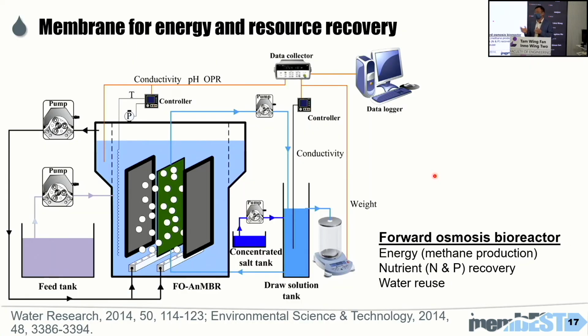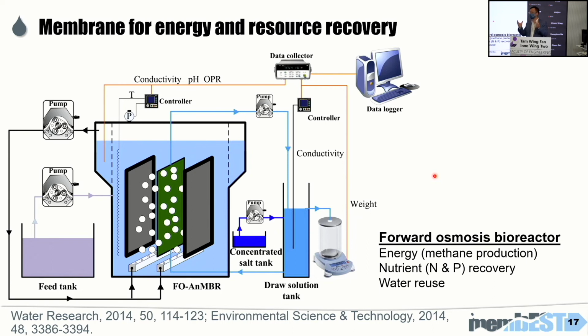Now, membranes can be used not only for water and for energy, you can also use them for resource recovery. For example, wastewater contains organics and nutrients. If we can design a good membrane process, in this particular case we use forward osmosis to concentrate wastewater.